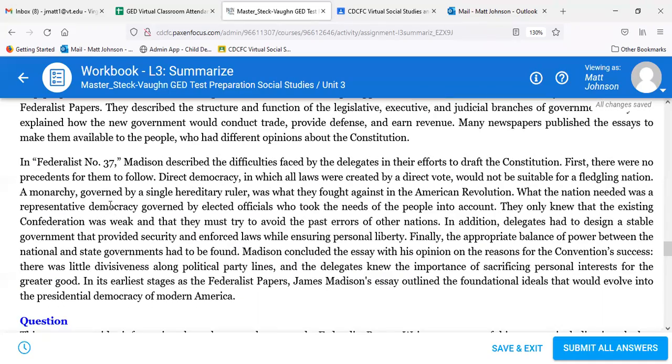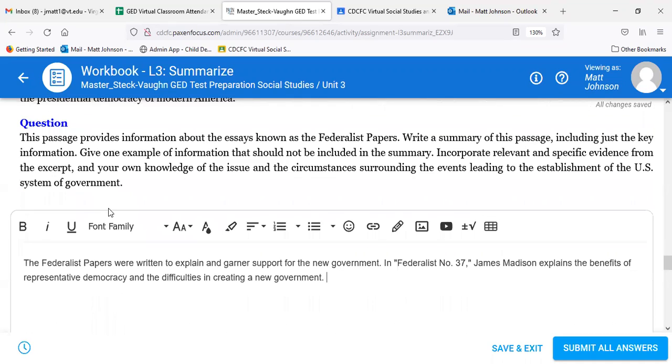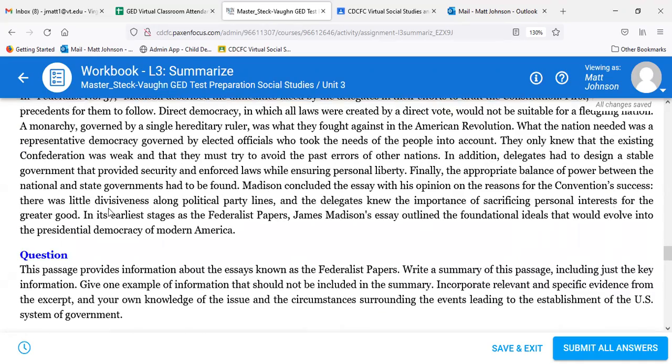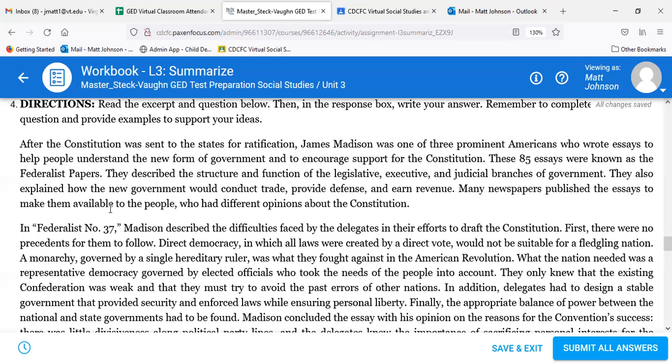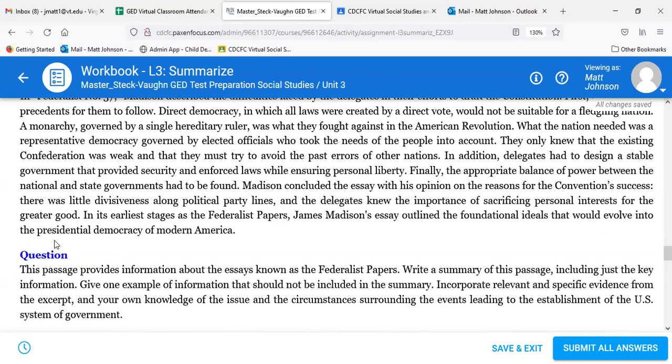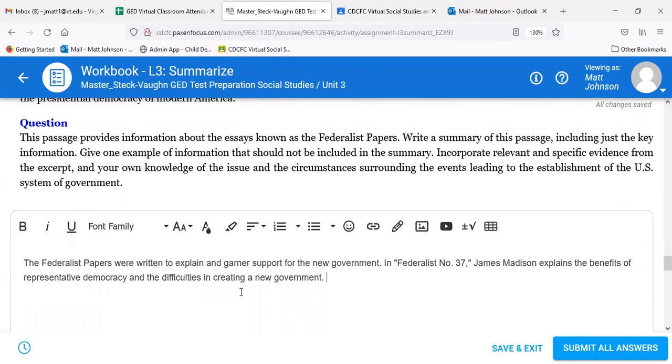So it would fall right after that. James Madison explains the benefits of representative democracy, the difficulties in creating a new government, the delegates. It's like no reference or blueprint. There you go. I like it.